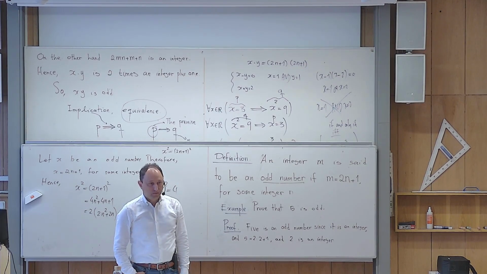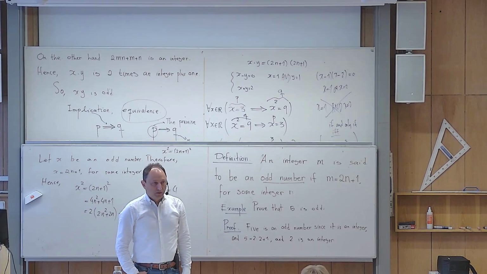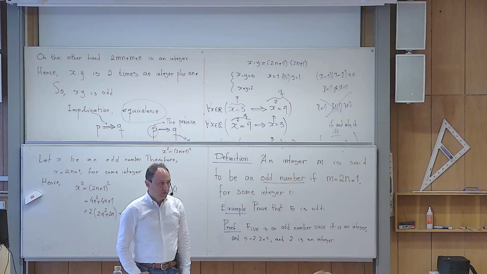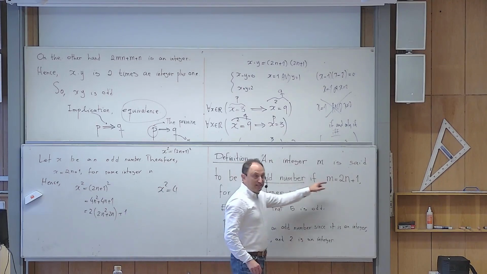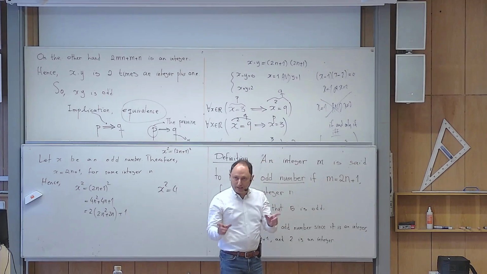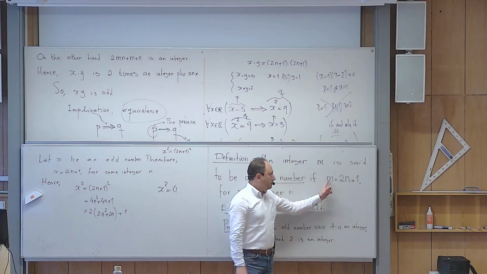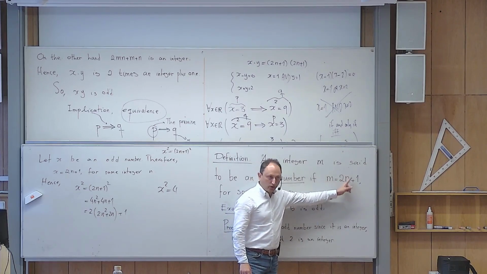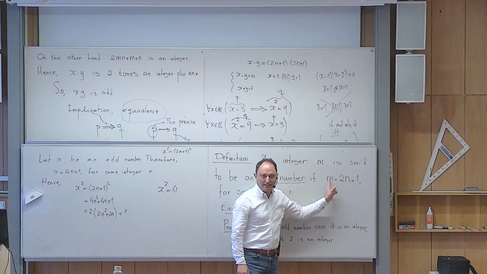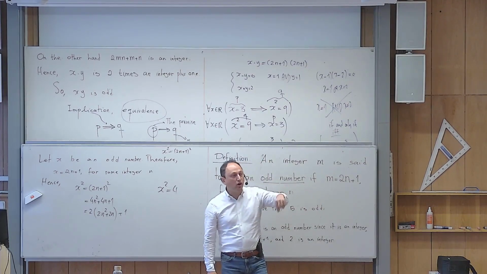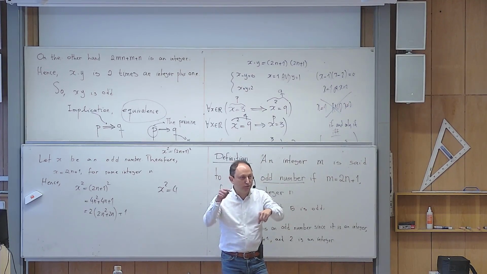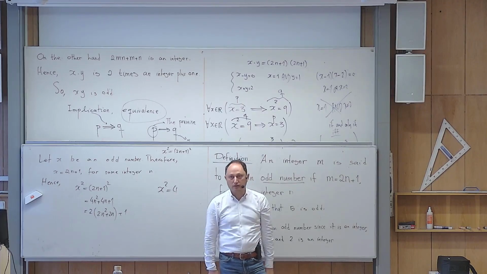Yes? You would miss all the odd numbers between 4 and 0. Yes. So you see, again, this is exactly what I'm talking about, equivalency. If m is 4n plus 1, yes, it is guaranteed that m is odd. But not every odd number can be written as 4 times an integer plus 1.